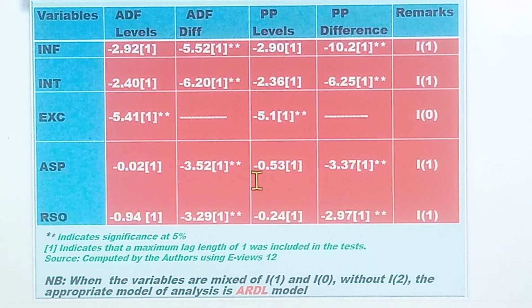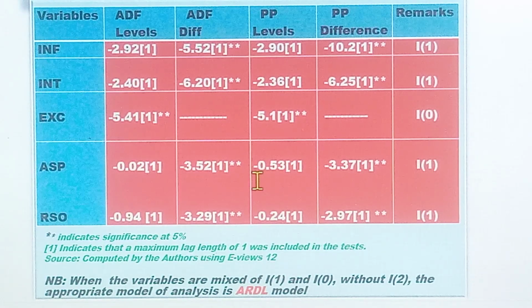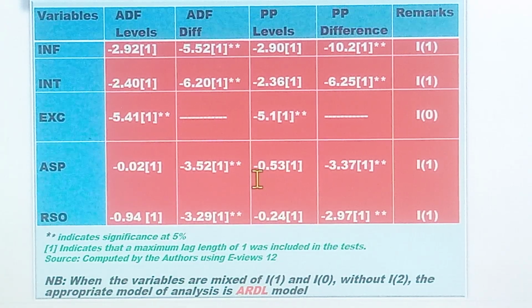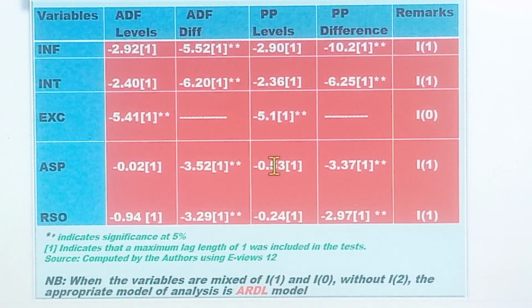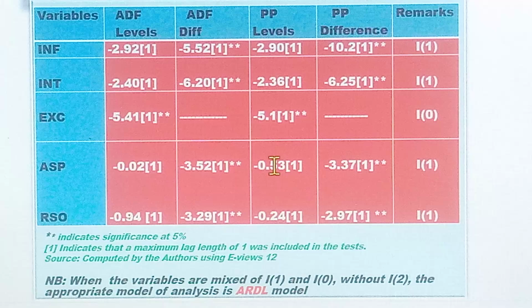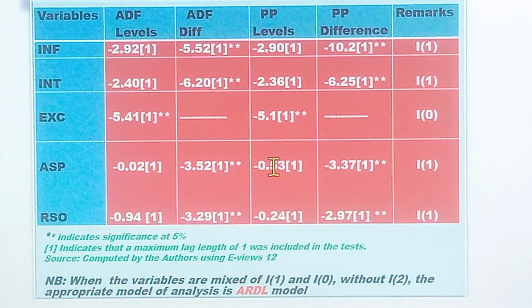The sufficient condition is that none of them must be I(2), according to Pesaran and Shin, 2001. The necessary condition for ARDL model is that the order of integration of the variables must be I(1) and I(0). But the sufficient condition is that none of them must be I(2).